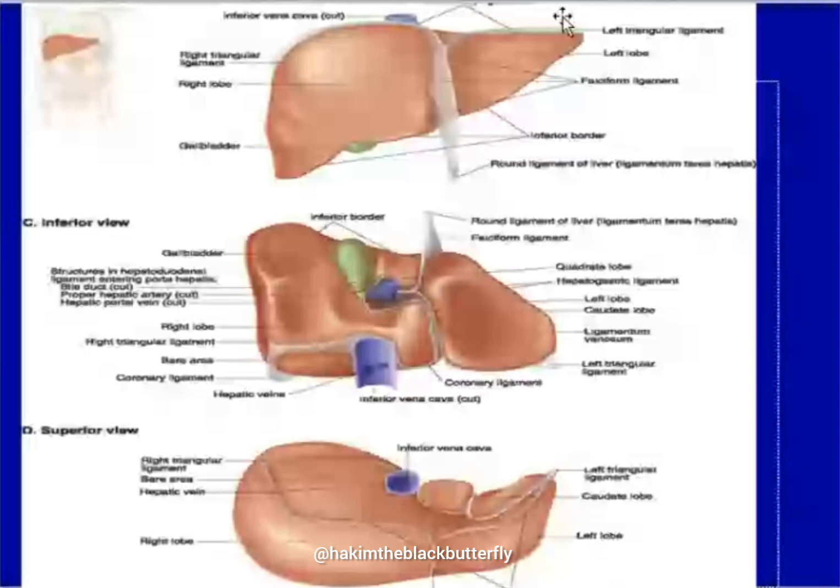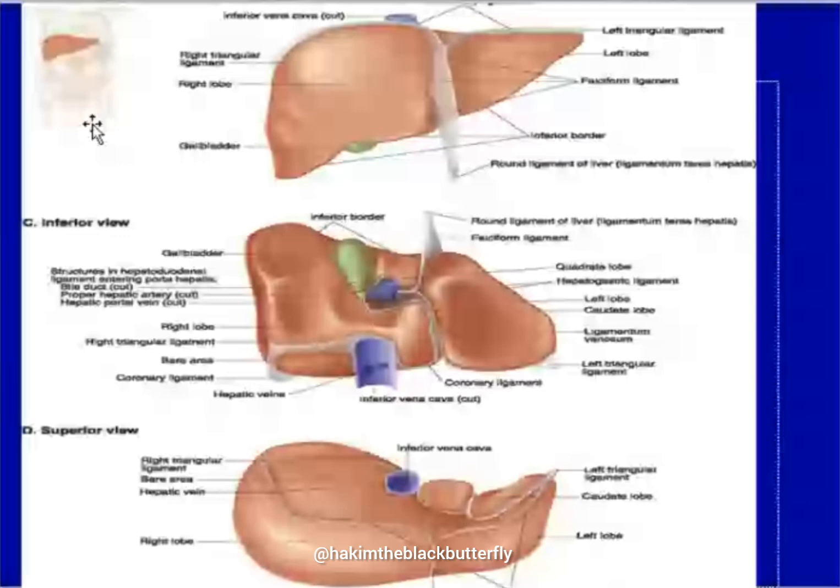That is why the liver, much as it is the largest organ, is up there: the coronary ligaments spill off from the liver and attach it to the diaphragm, hence supporting it so that it doesn't drop down. But we shall see other supports apart from the ligaments.